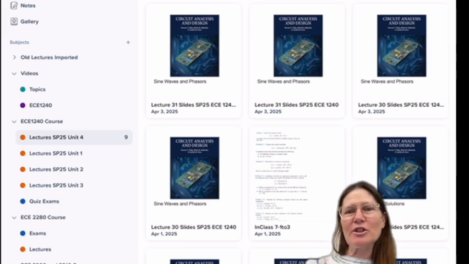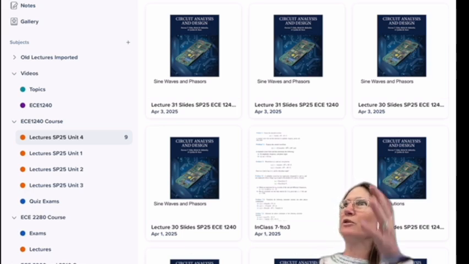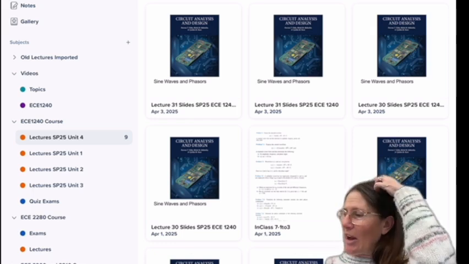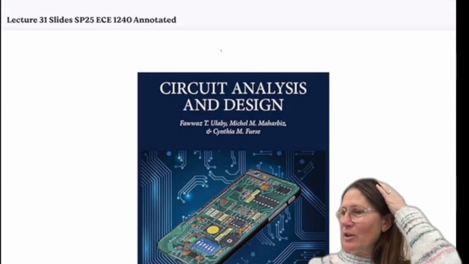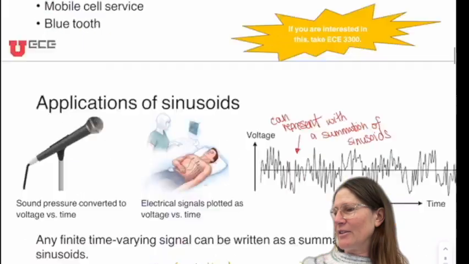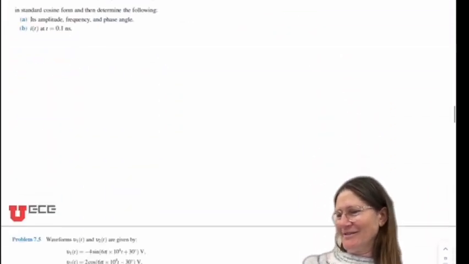So this is a continuation of last lecture, so they're the same notes, lecture 30. And we're just going to go through the second half of them. I labeled them 31, but it's the same ones.